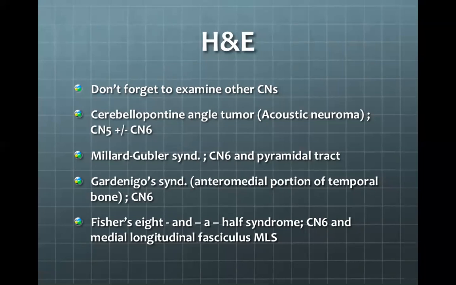And in Gradenigo syndrome, there will be an anteromedial portion of the temporal bone tumor, which will cause cranial nerve 6 and 7 palsy. And in Fisher's one-and-a-half syndrome, you would have involvement of cranial nerve 6 with the medial longitudinal fasciculus and the 7th cranial nerve.